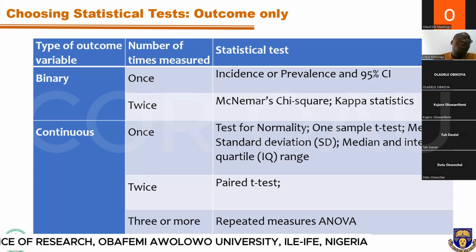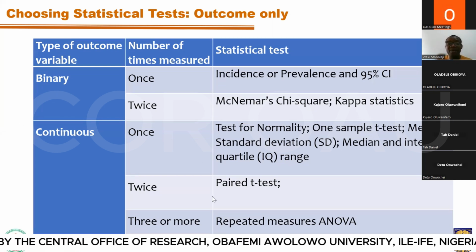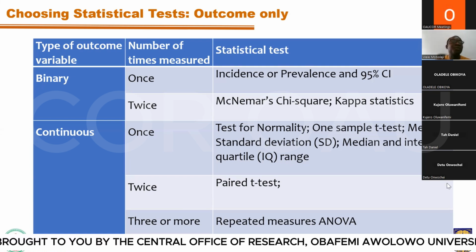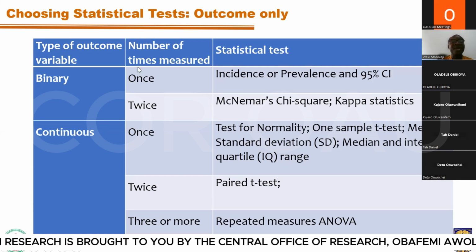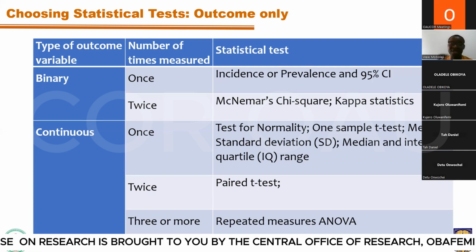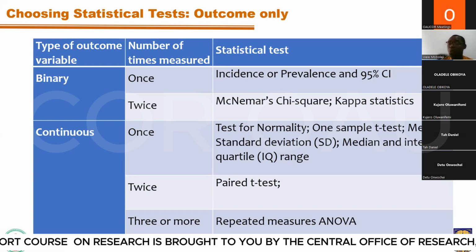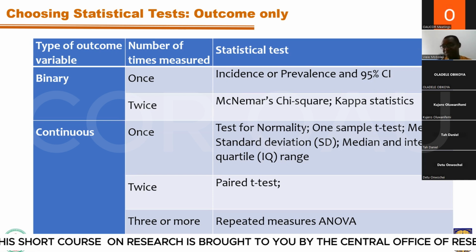Now, if you are dealing with one outcome variable, and the outcome variable is binary, if it is measured once, I want us to understand this part very well.